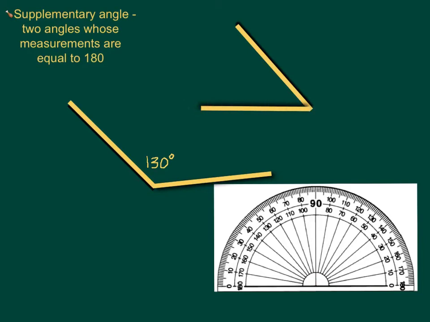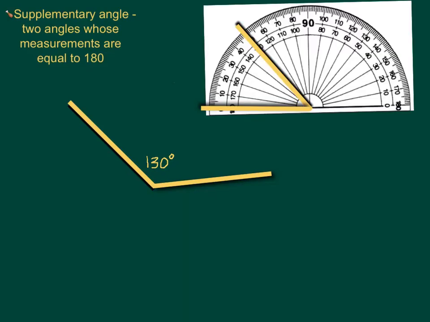So I'm going to line this up. Okay, so now it's lined up. I made sure I put my baseline at 0, and this point here is on the intersection. This is my vertex. Now notice that it's not on the 0 over here, but there is also a 0 on this side of my protractor. So I can rotate it and turn it around.